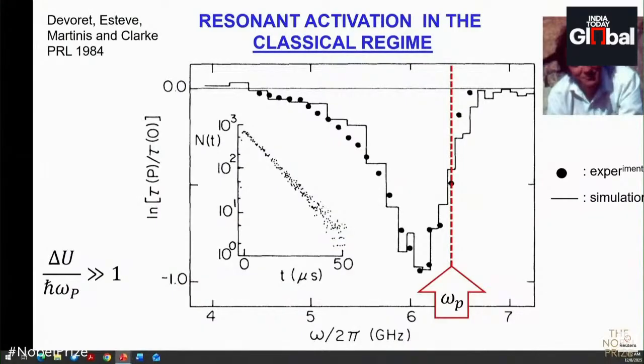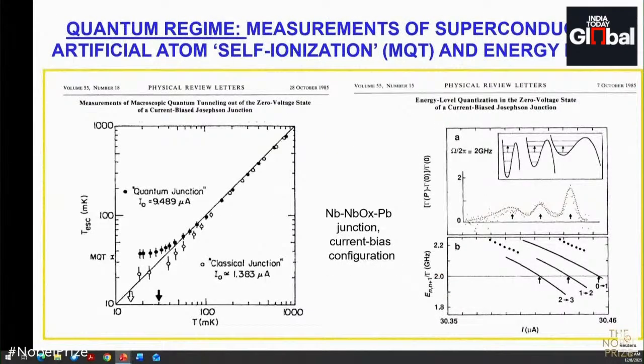And in particular, this plasma frequency is very important to measure because it determines the crossover temperature. And an experiment that we did in the classical regime taught us that if we measure the enhancement of tunneling, we can find this plasma frequency on the right edge of this resonance curve.